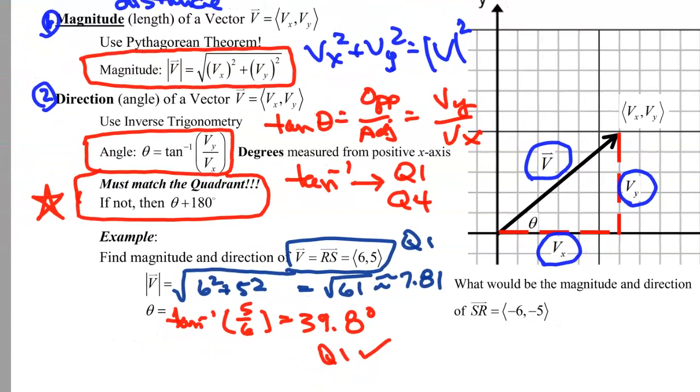So what would be the magnitude and direction for SR? Well, the magnitude for SR is going to be the same. Square root of 61. That hasn't changed. But my angle, which was 39.8 degrees, is no good.